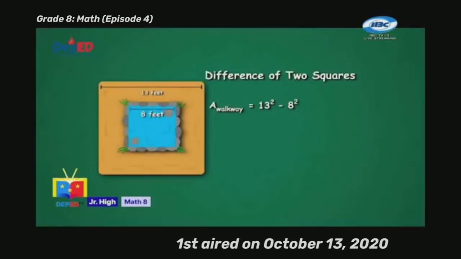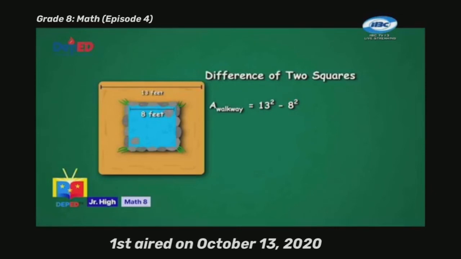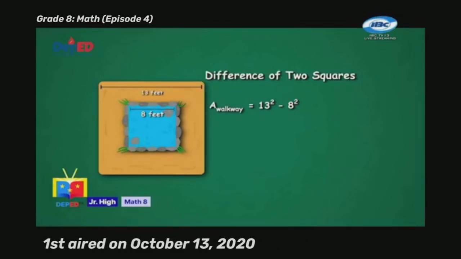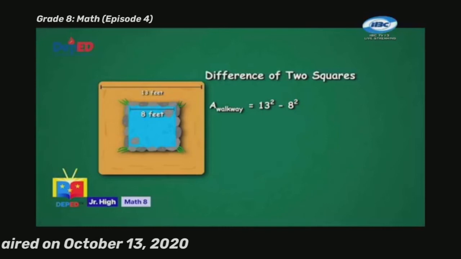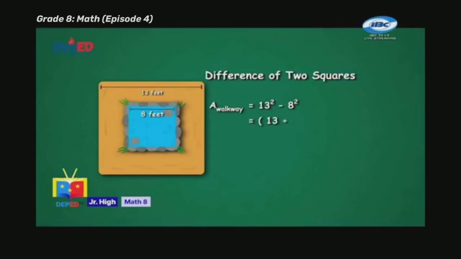How can we factor 13 squared minus 8 squared? Since this is a difference of two squares, we can write this as the quantity of 13 plus 8 times the quantity of 13 minus 8. Let us simplify the expressions inside.